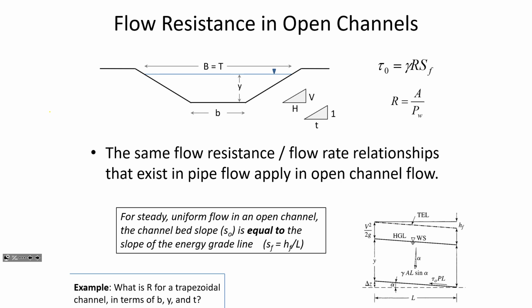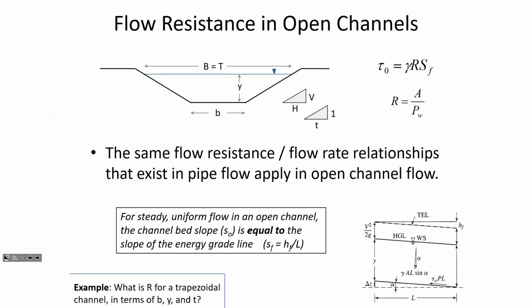So the wetted perimeter is B, so that bottom distance, and then the two side slopes. So B plus 2 times the square root of y squared plus (ty) squared. And we could factor out the y from there. So it's B plus 2 times y times the square root of 1 plus t squared.